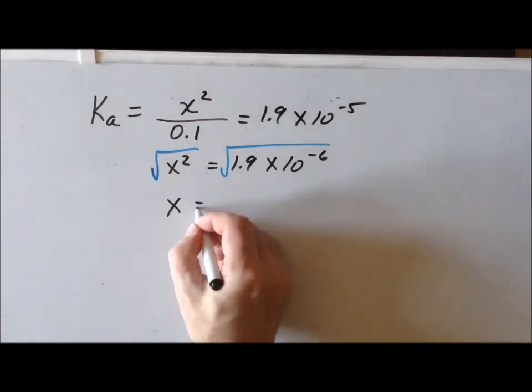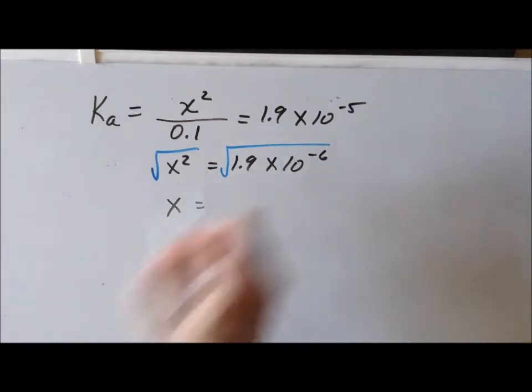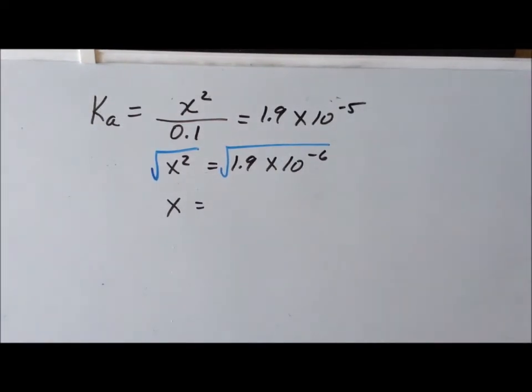And now I can find the square root of 1.9 times 10 to the minus 6. If you have a relatively modern calculator, you can simply type this value in and take its square root. But let me show you a technique which is old school, which will help you if you have an extremely primitive calculator, or if, heaven forbid, you would have to solve a problem without having a calculator at all.